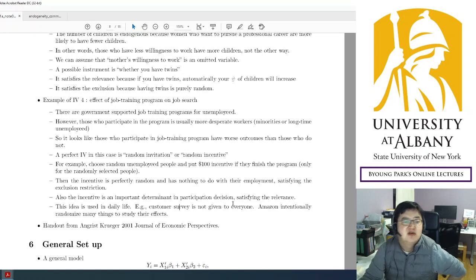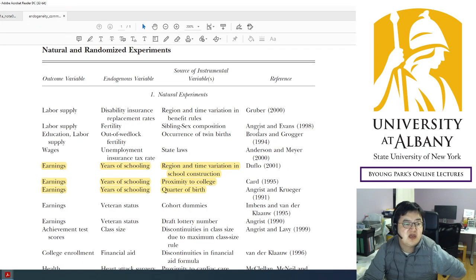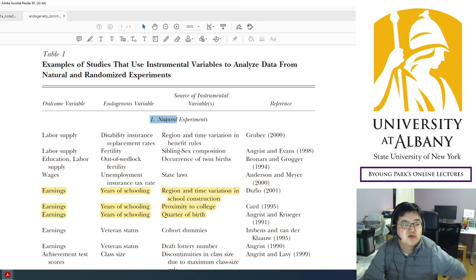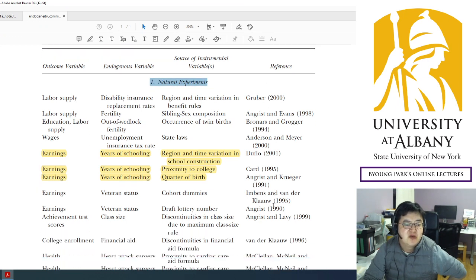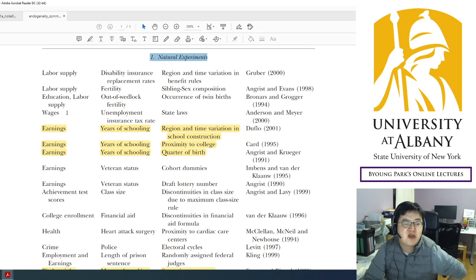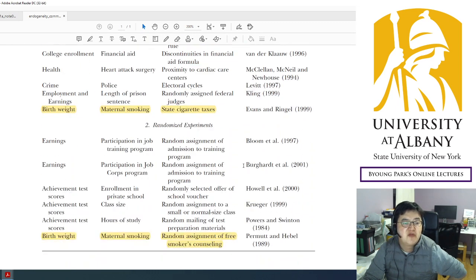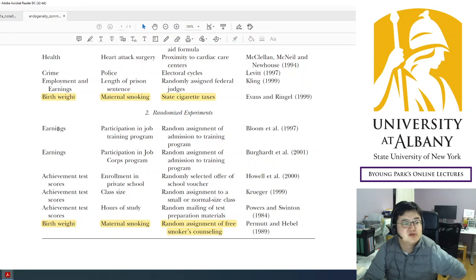And in the previous table here, the first part was natural experiments. So these examples do not have any randomization. Intentional randomization is not included here, but there are also a good number of examples where, say, participation is randomly assigned, as already mentioned here.